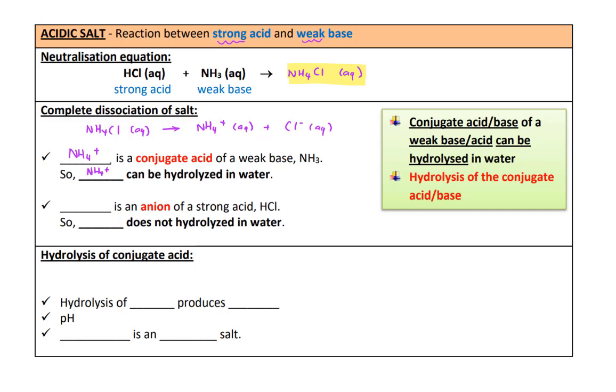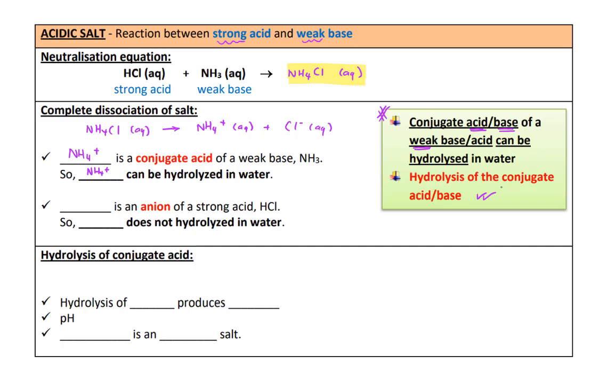Take notes in the green box over here: the conjugate acid or conjugate base of a weak base or weak acid can be hydrolyzed in water. Therefore, we use the hydrolysis equation of the conjugate species.